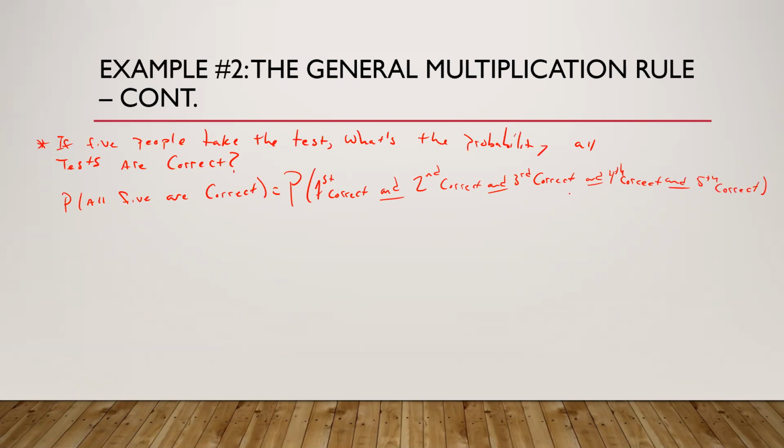Okay, so the next thing you have to ask yourself is, great, I see the and statement that implies multiplication, sweet. But are these independent events? Meaning, suppose I take this test. Somebody at a different hospital who takes this test, will my results impact their results? No, not with a large enough sample size.